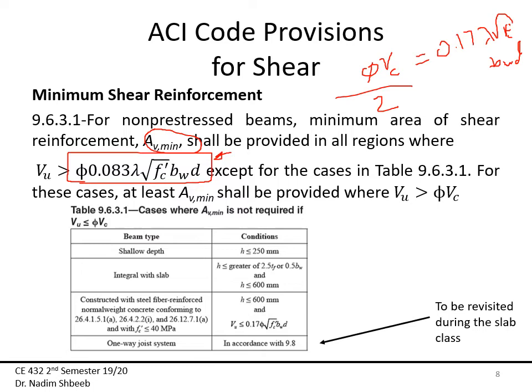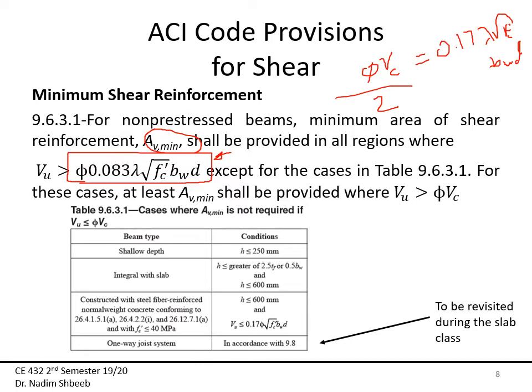But again, this is now in the new code, and they're using 0.083 instead of the 0.085 that they used before. Not much of a difference, but at least I want you to know the relation between the old and the new code. Just to emphasize, this is according to the 2019 ACI code.